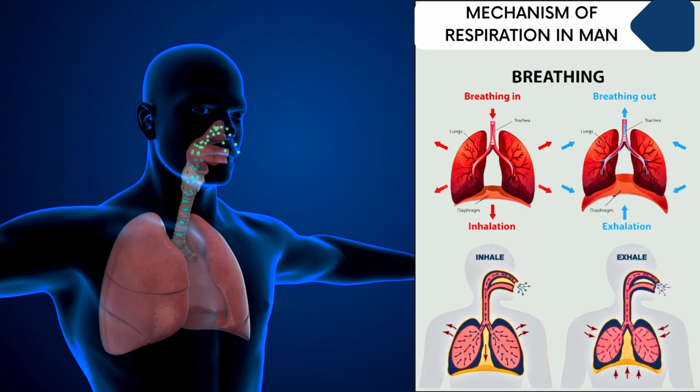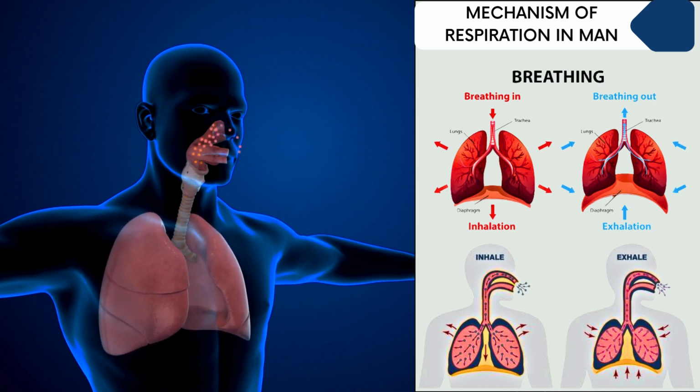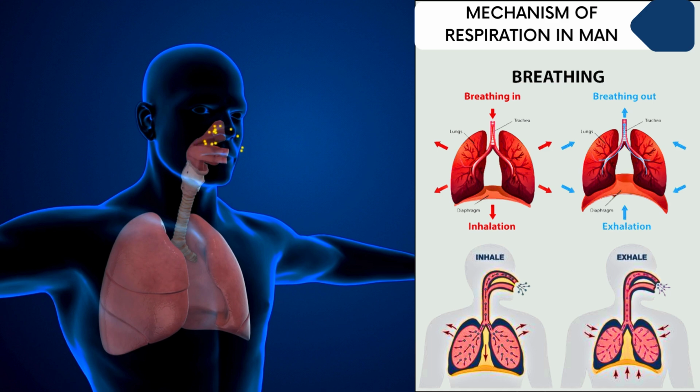Respiration in mammals takes place in two phases or stages. These are the external and internal or tissue respiration. External respiration, also called breathing, is defined as the exchange of gases between the environment and the respiratory organs of living organisms.